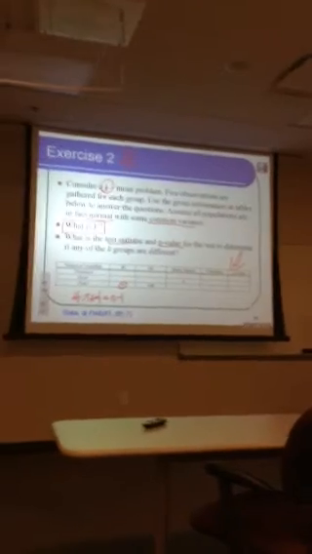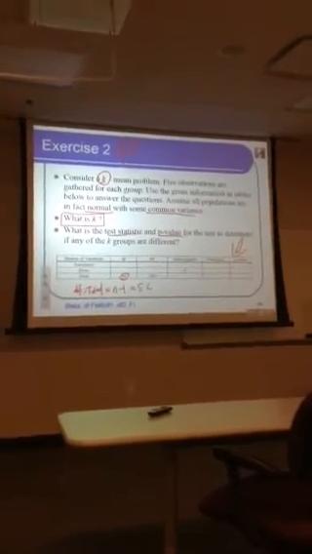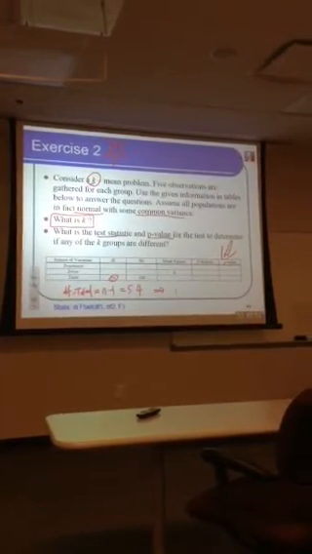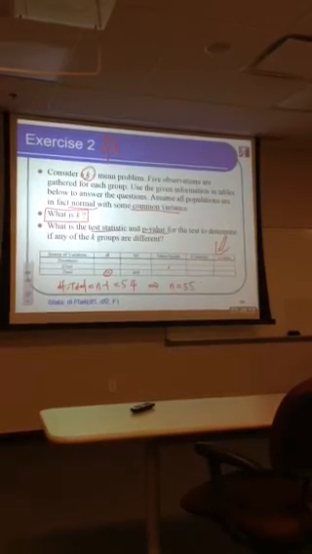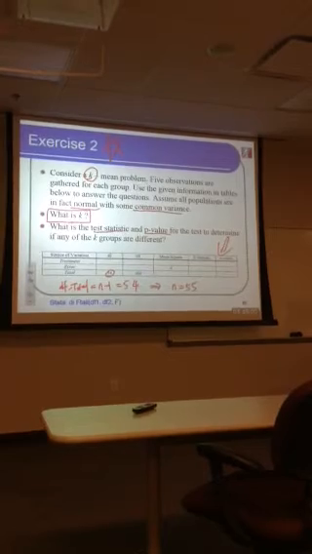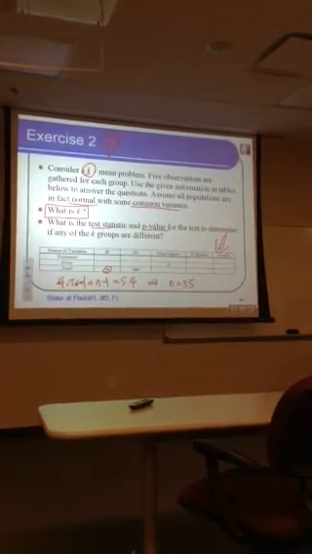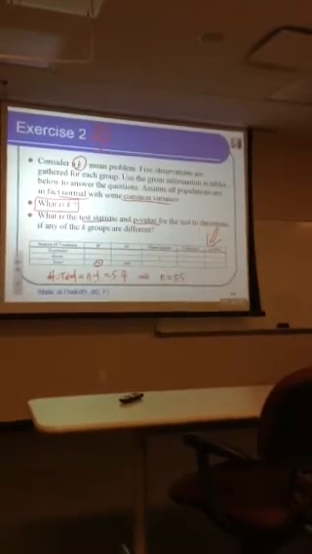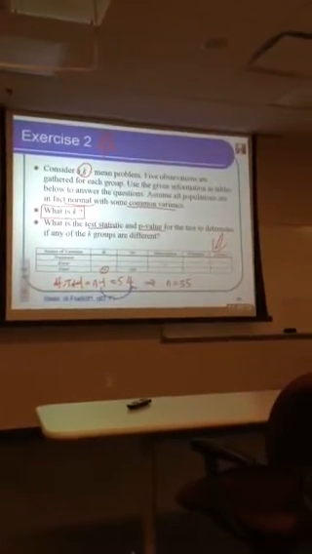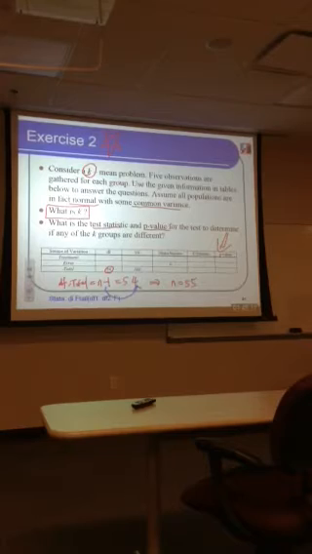In this case, it equals 54. So N minus 1 equals 54, therefore N equals 55. That's the total sample size you have.